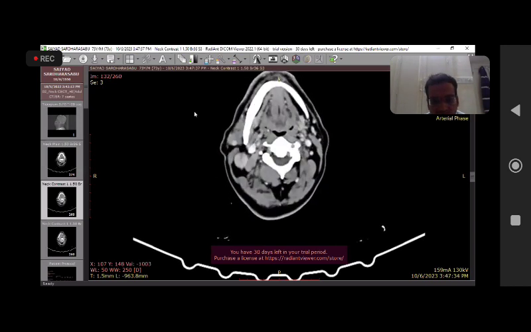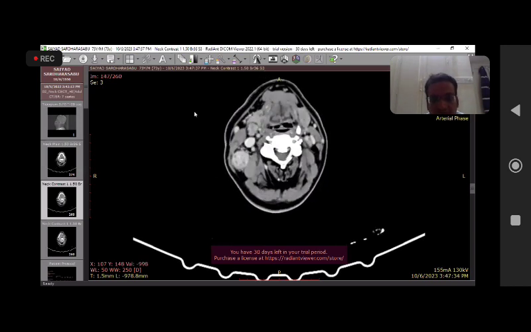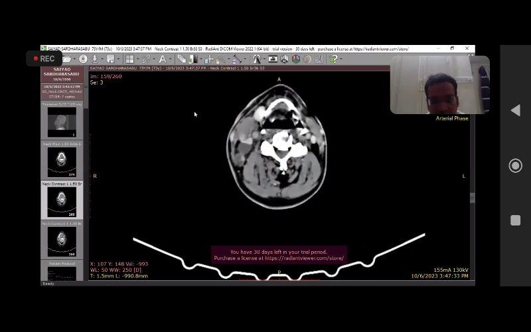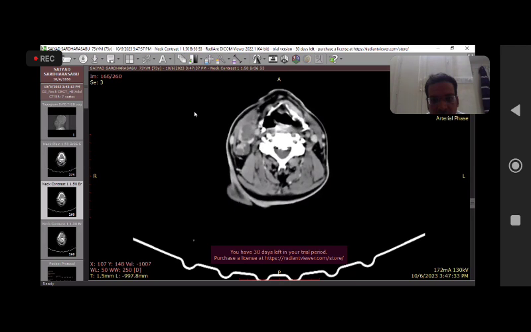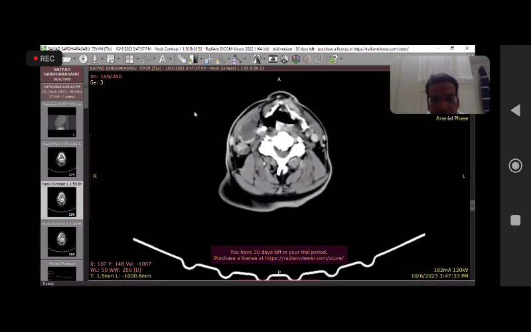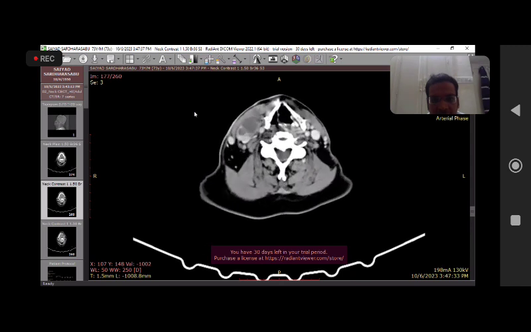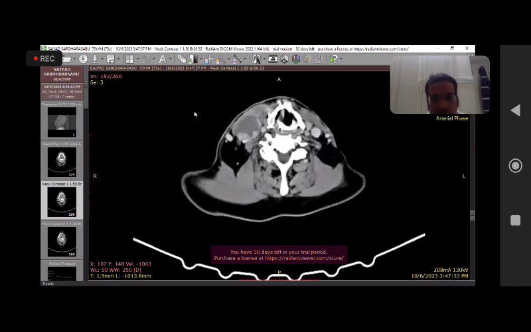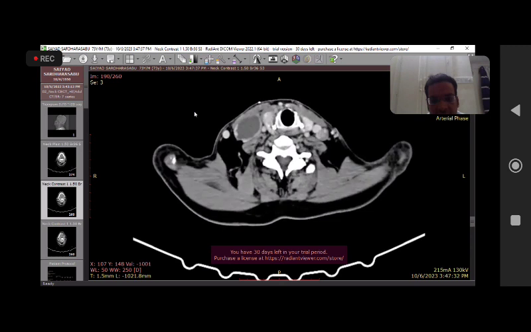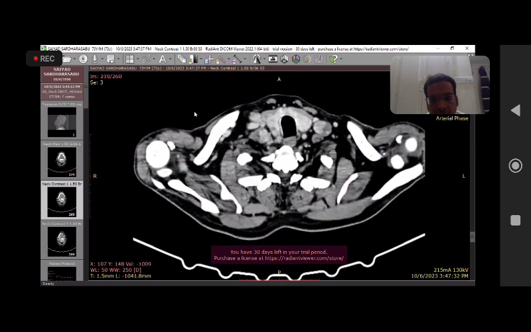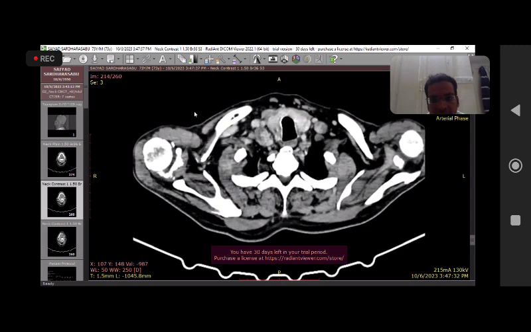So going from up to down, I am finding one lymph node at the right level 2 area, at the right level 3, 2 junction. Then going down, level 3 also confluent with the above one. The fat plane is lost at some place with the level 4 lymph node over the right side. And one calcified lesion over the right lobe of thyroid.